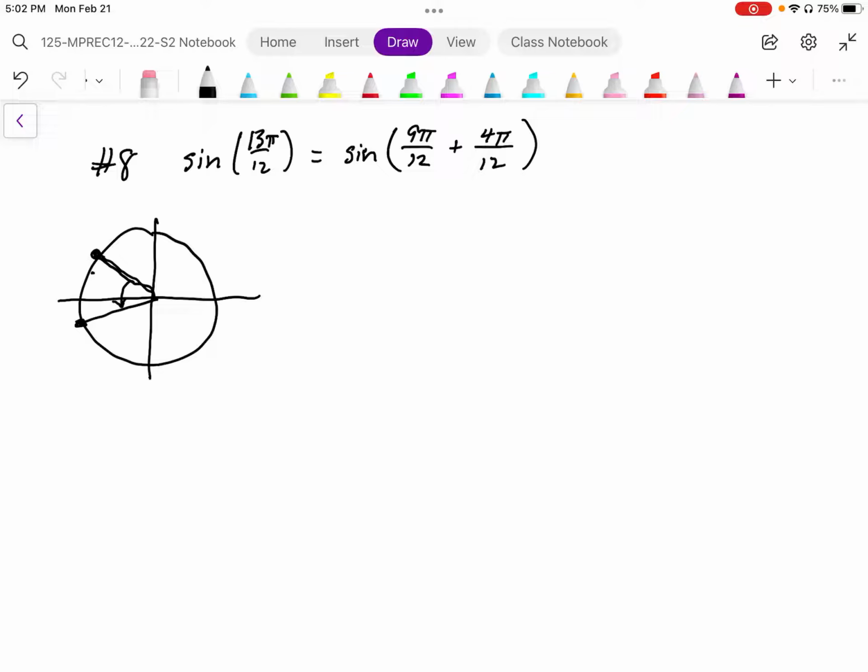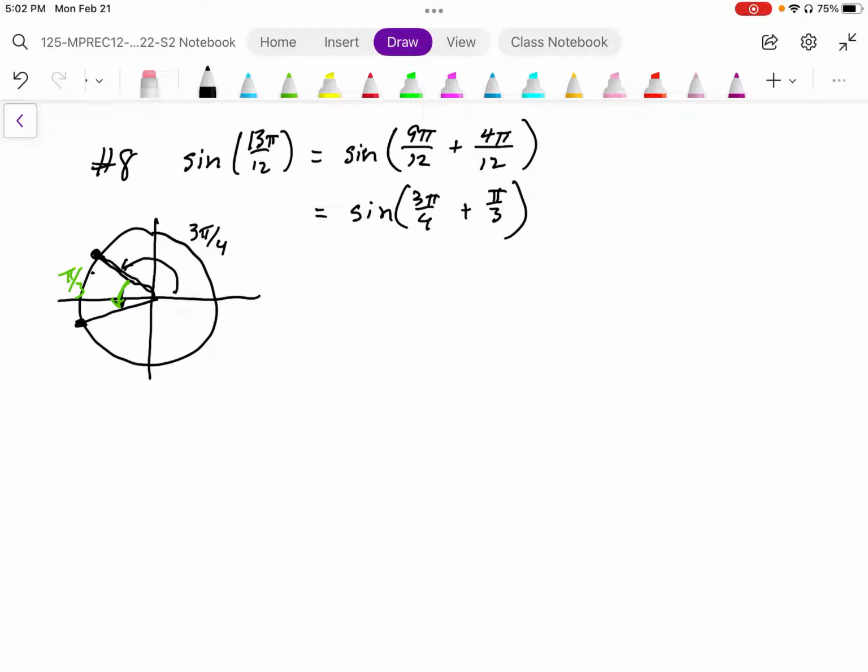So I have this is my 3 pi over 4 here, and I'm going to add this difference here of pi over 3. Okay, so I'm going to simplify that so I can see that a little bit easier. So it's going to be sine of 3 pi over 4 plus pi over 3.